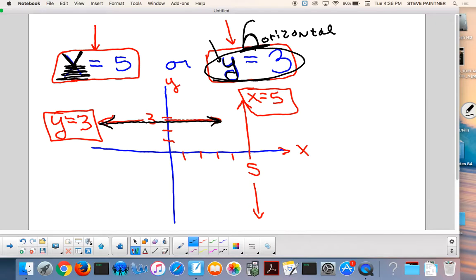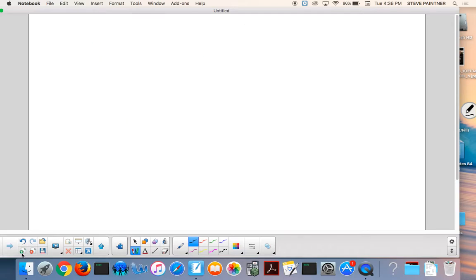Okay? So there are your lines, how to write equations to them. Hopefully that helped. Okay? Now, the next day, which was actually today, Tuesday, today we did something like this. We took the equations and we actually graphed them, but today they were not solved for y, so we couldn't just graph them.